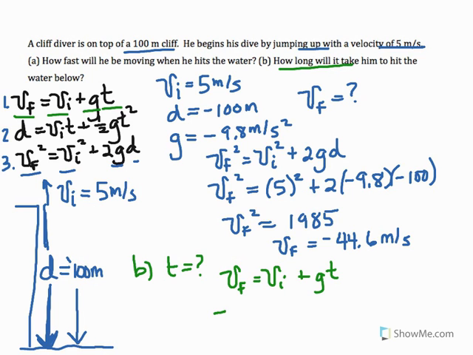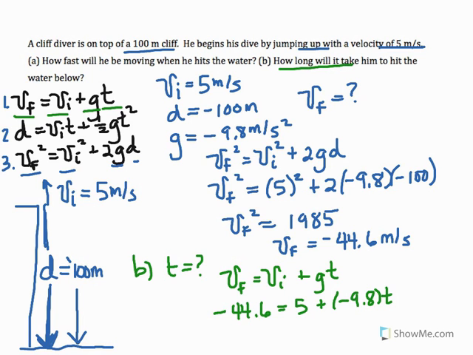My final velocity, I said, was negative 44.6. The initial velocity is 5 plus negative 9.8 times t. The first thing we need to do is we need to subtract 5 from both sides.